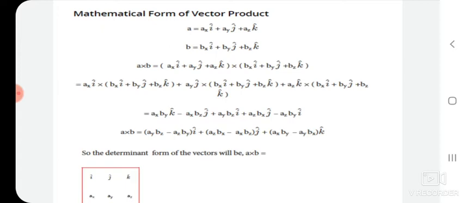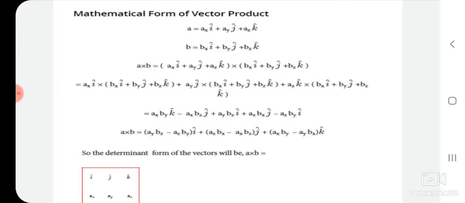It means Ax i-cap cross the overall B term, that is Bx i-cap plus By j-cap plus Bz k-cap. Similarly, Ay with all B components, plus Az k-cap with all B components. The cross product of I with I gives 0, so from each term we get two components.